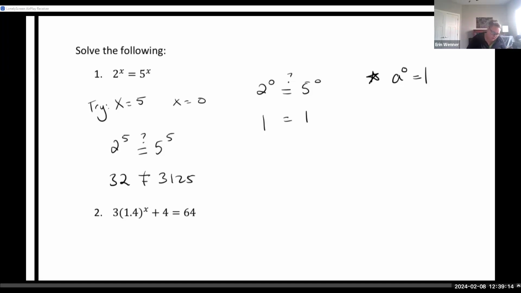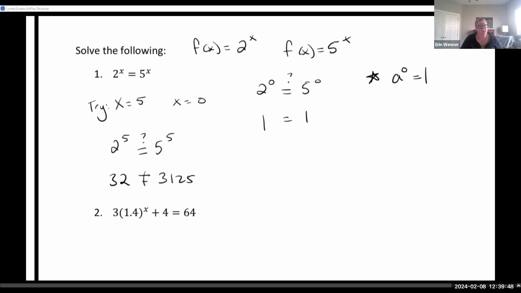So if we think about these as f of x equals 2 to the x and f of x equals 5 to the x, then we can graph them, right? And so when you're looking at solving these problems, sometimes the algebraic steps don't come to us initially, right? But if we think about it from a standpoint of, oh, I've graphed functions, we're looking for where these two things are equal, which means we're looking for where they intersect, okay?